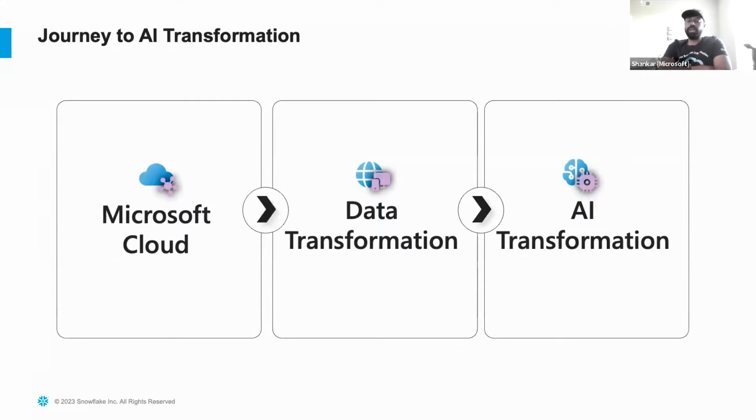So how does this journey to AI transformation act? Right. So at Microsoft, we have been at the forefront of promoting and building AI, bringing revolutionary technology. And when you look at cloud computing in general, the cloud stack supports those different AI workloads, which then involve data transformation, where services or partners like Snowflake come into play, right?